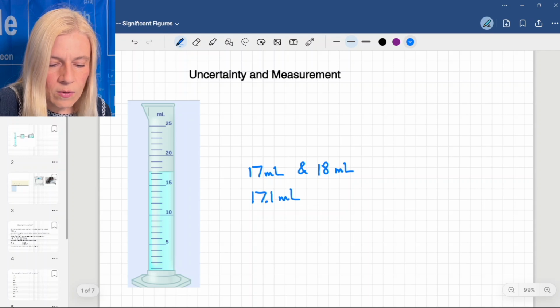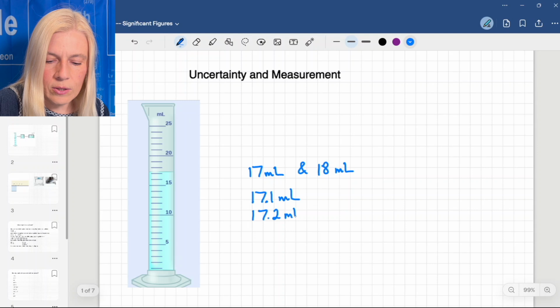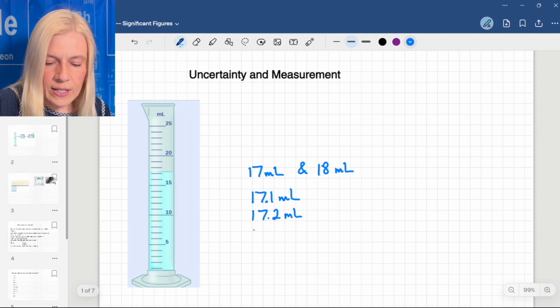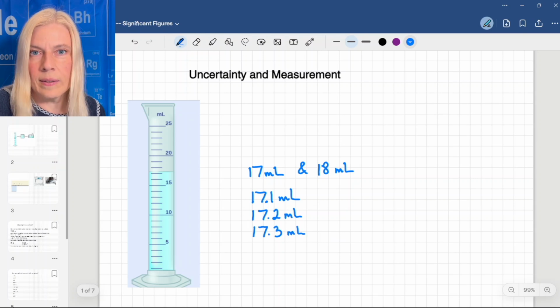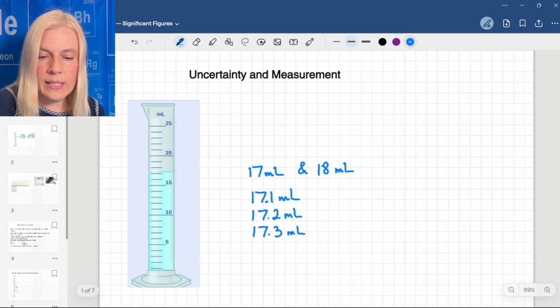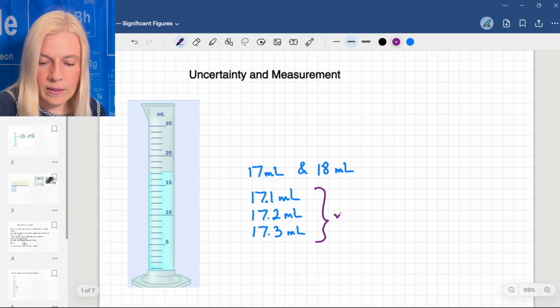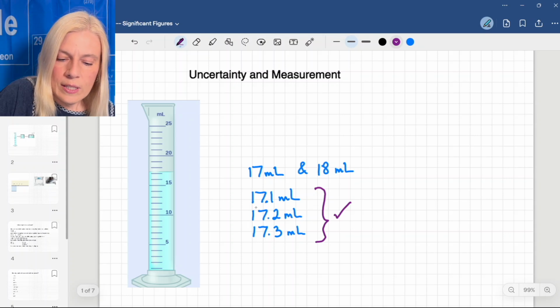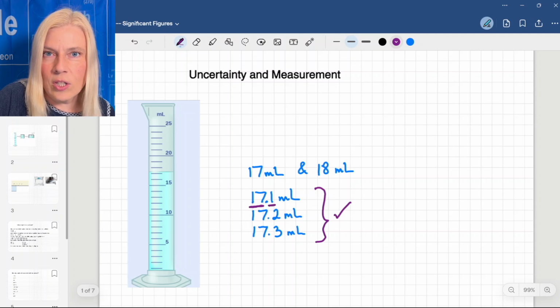What if you are looking and you say, no, it's 17.2 milliliters? And what if we have a friend that says it's 17.3? Who is correct? Well, the truth is, every one of these measurements is correct. Why? Because we have our certain digits and our estimated digits.